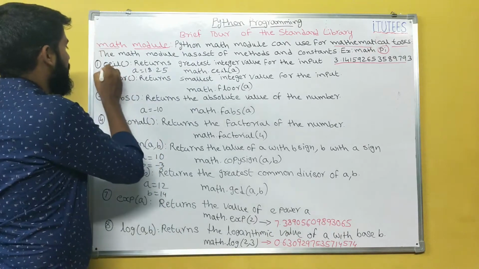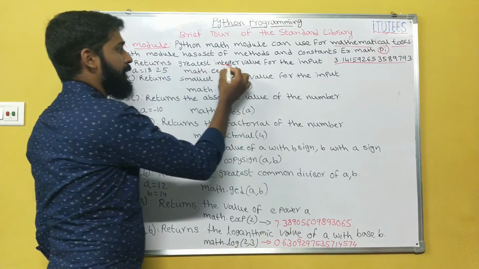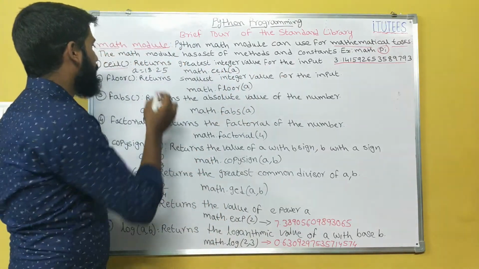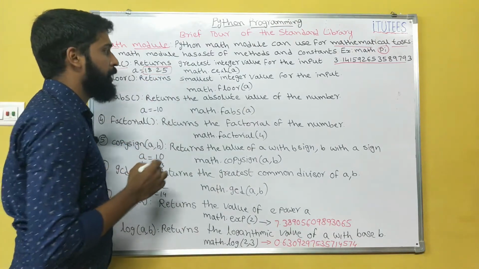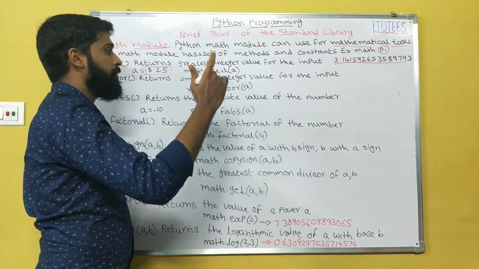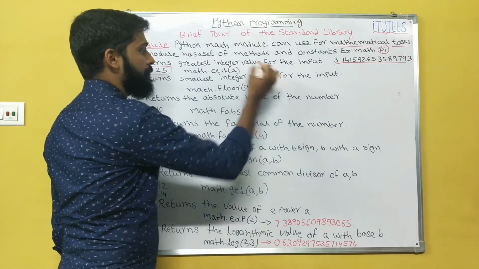The first one is ceil. Ceil returns the greatest integer value for the input. For example, I am giving a equals 18.25. Print math.ceil of a means what is the ceil of 18.25? That means the greatest integer is 19.